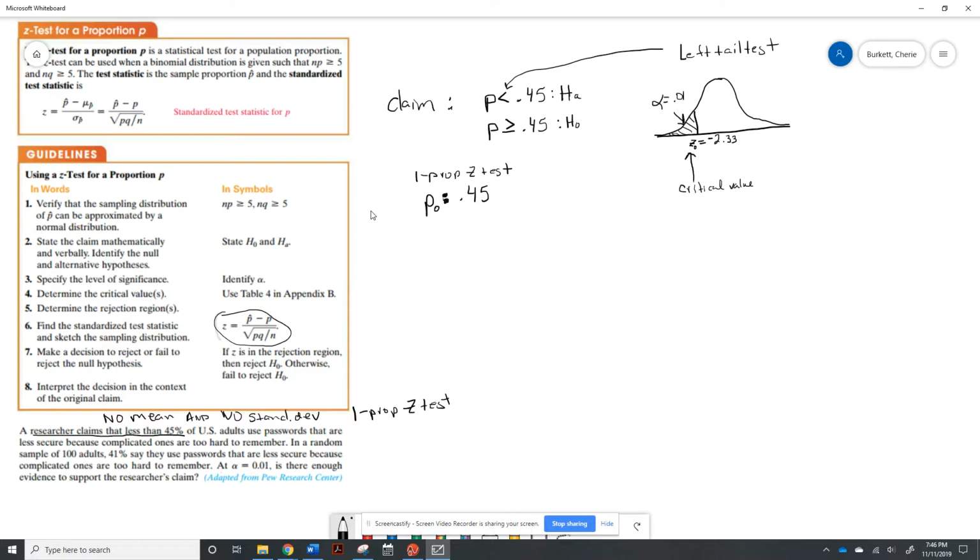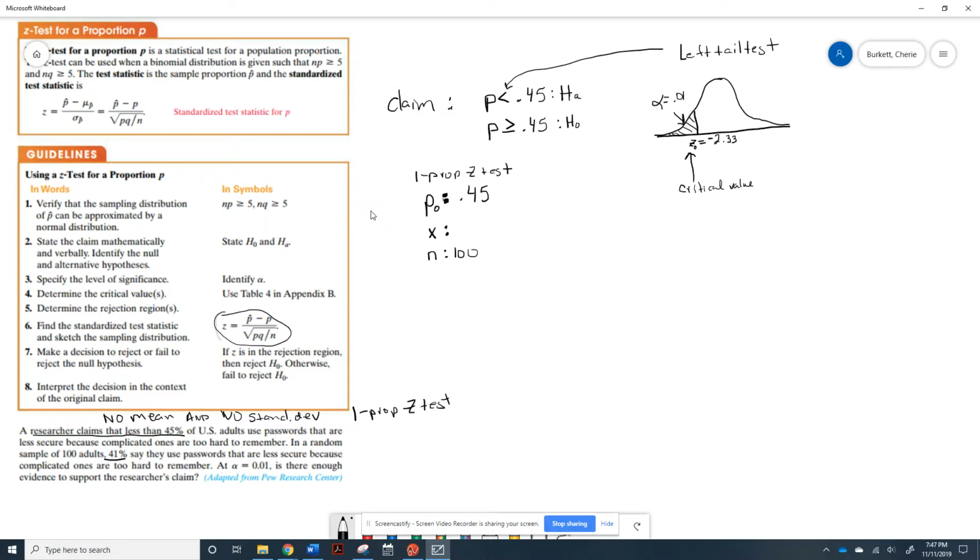And then it wants my x value. Okay, so to find my x value, I have to go to the sample. I have to go down here to the information about the sample. So I have my n. My sample is 100. I asked 100 people.